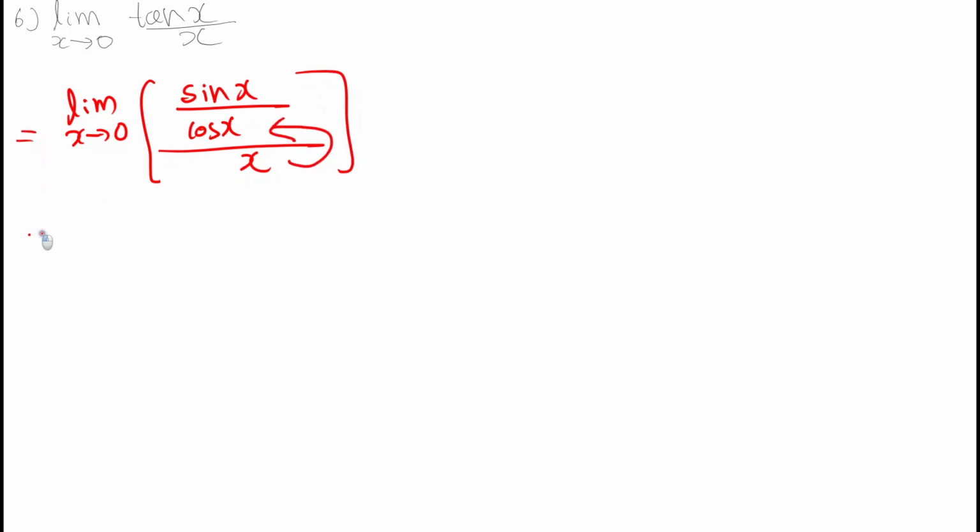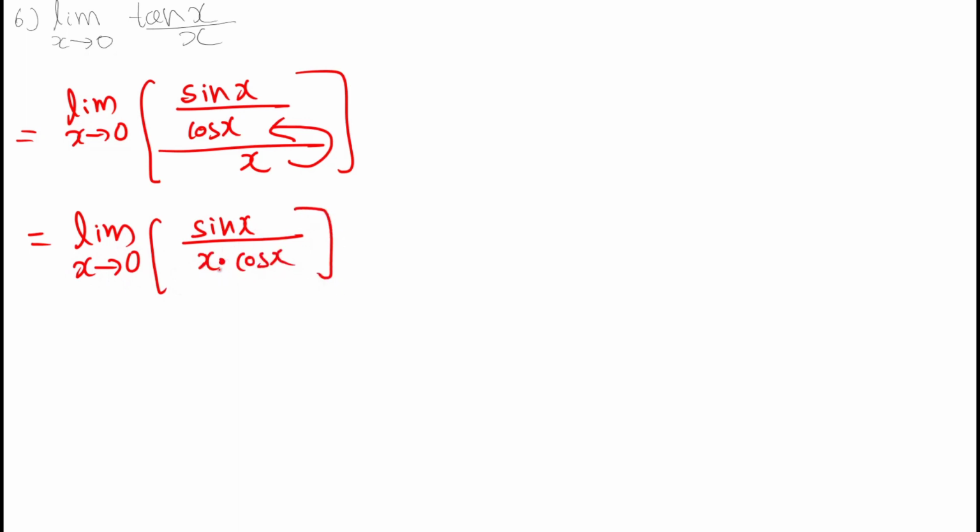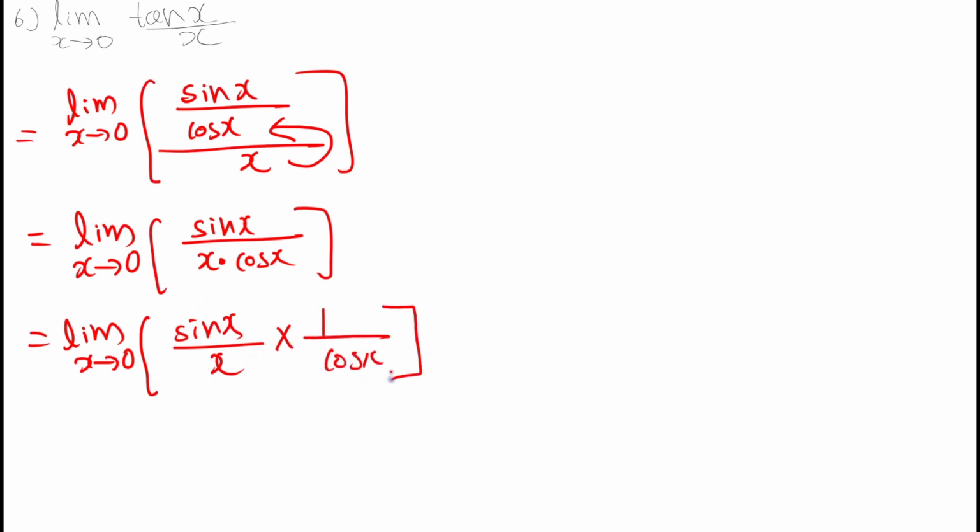So that I can rewrite it as limit extending to 0, sin x by x into cos x. In the next step, denominator multiplication is there, so that we can split into two parts. It's equal to limit extending to 0, see, first one is sin x by x into 1 divided by cos x in the denominator.